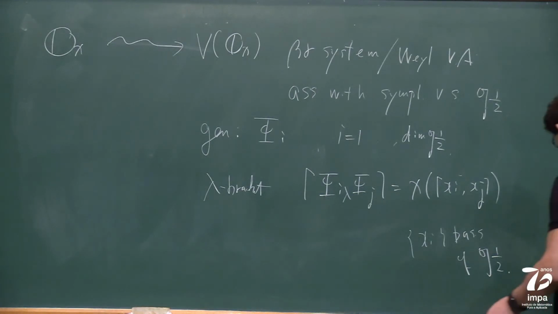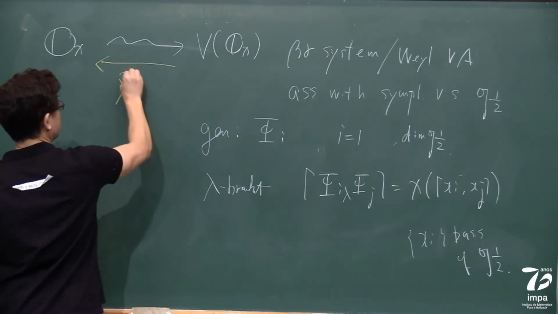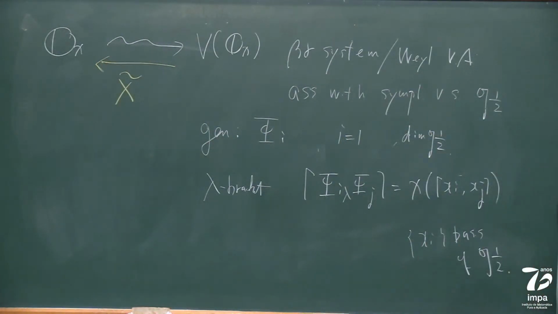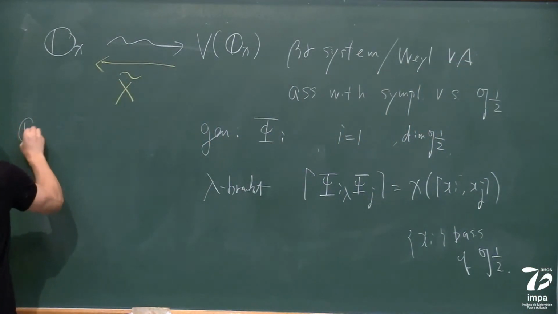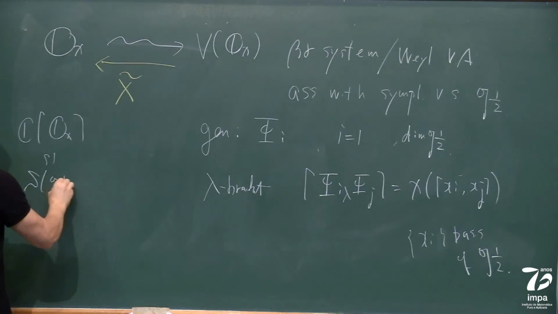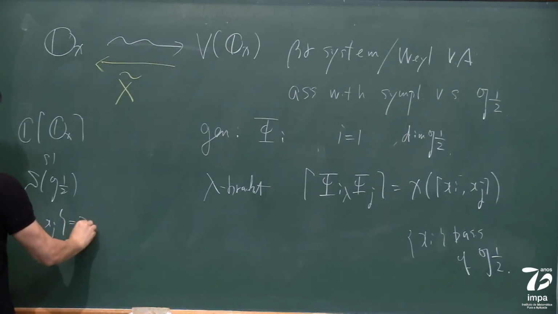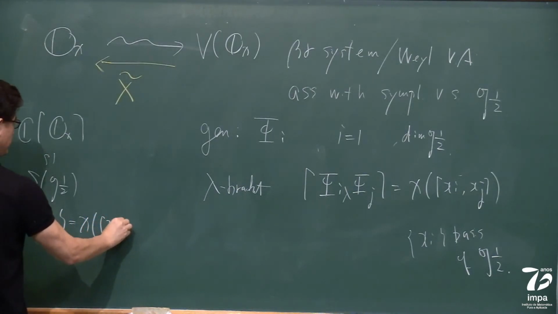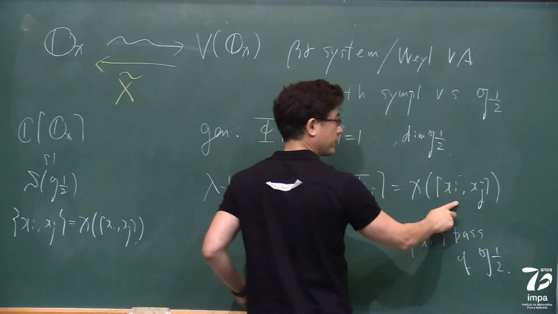And then you find that you recover this one by taking the associated scheme. This lambda bracket comes from the fact that the functions on chi were isomorphic to the symmetric algebra of G half, where the Poisson bracket was defined by this formula. So I just wrote this formula here.